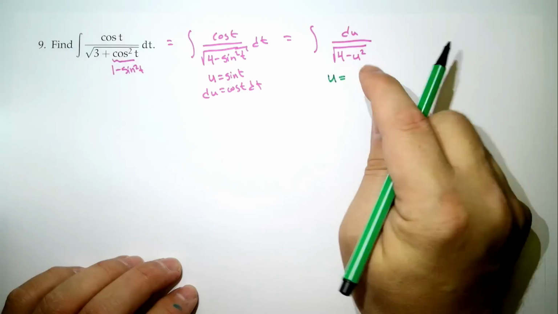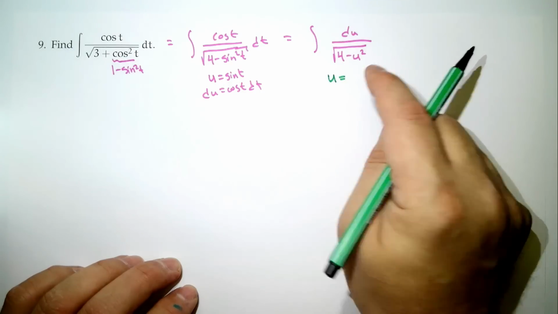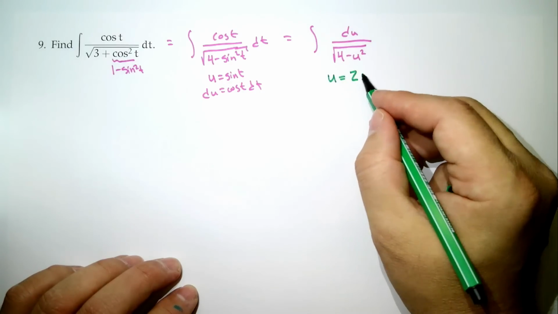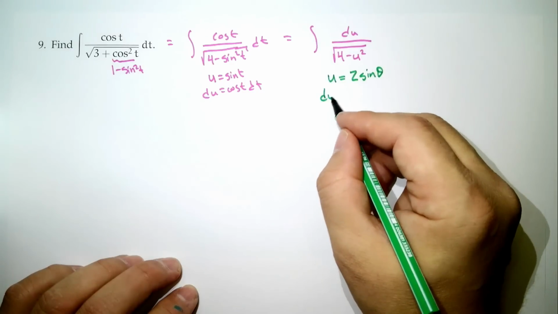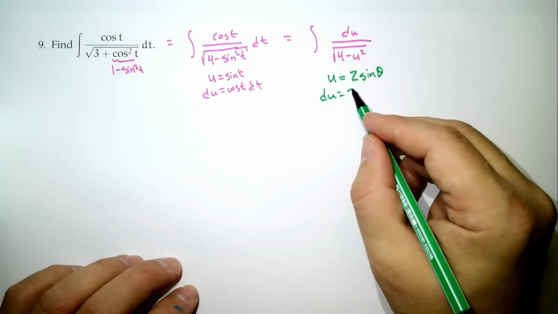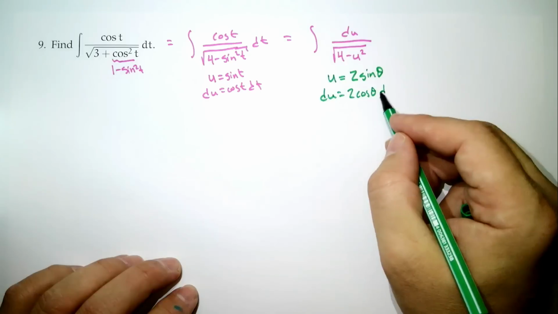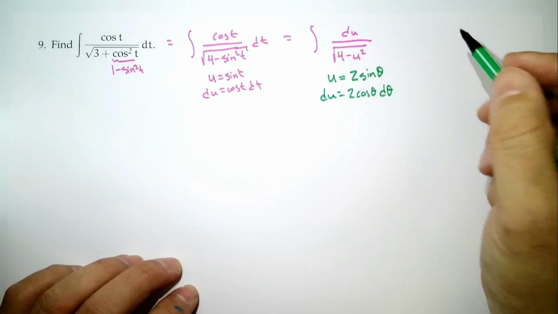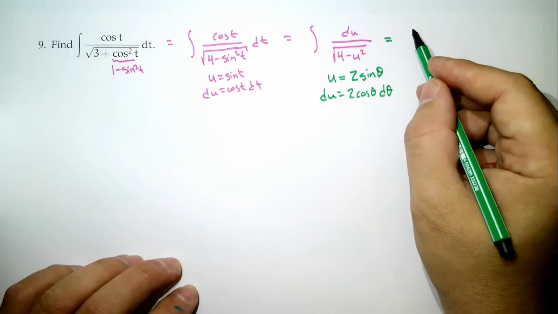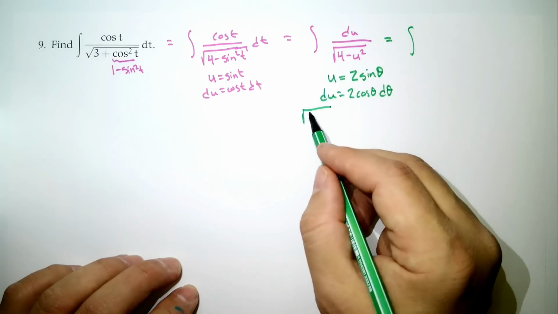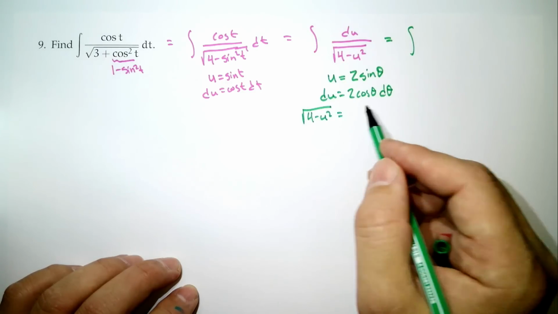Sine. Well, not quite sine. What should it be? 2 sine. So 2 sine theta. All right. What would du become? 2 cosine theta d theta. All right. We should also say the square root of 4 minus u squared.